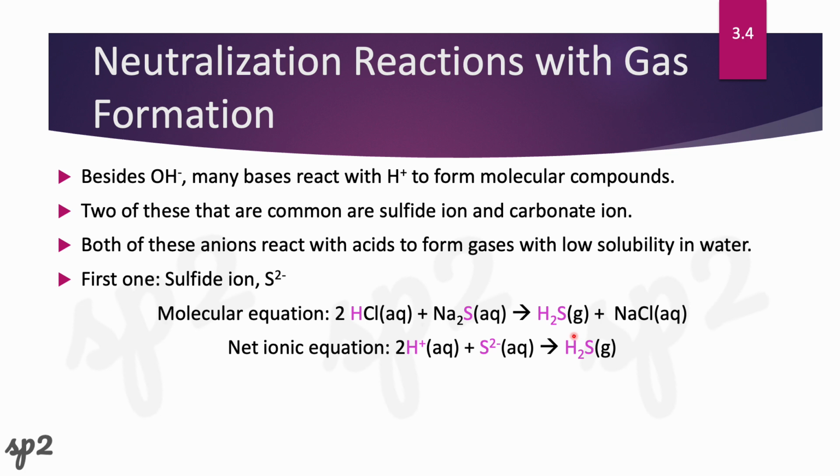So I'm going to look at my net ionic equation, meaning that you can cross out your sodium and your chloride, these are your spectators. If you look at the leftover, it would be the reaction between your protons and your sulfide, producing hydrogen sulfide, and it's a gas. And if you want to know a little bit more, the smell of rotten eggs, the really bad smell, is because of the formation of this gas, the H2S.